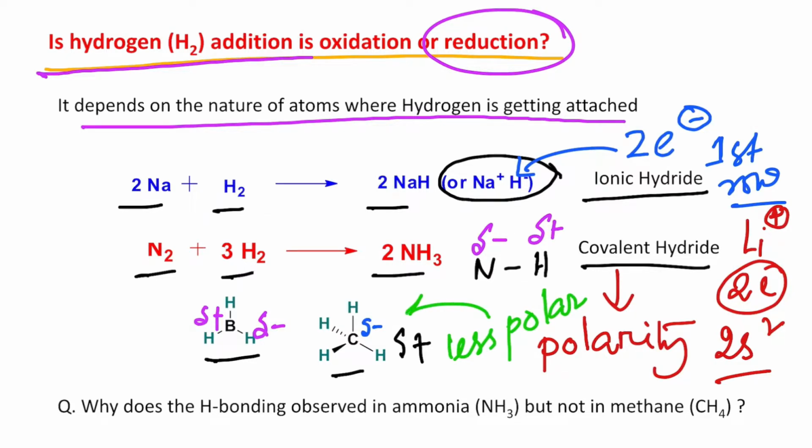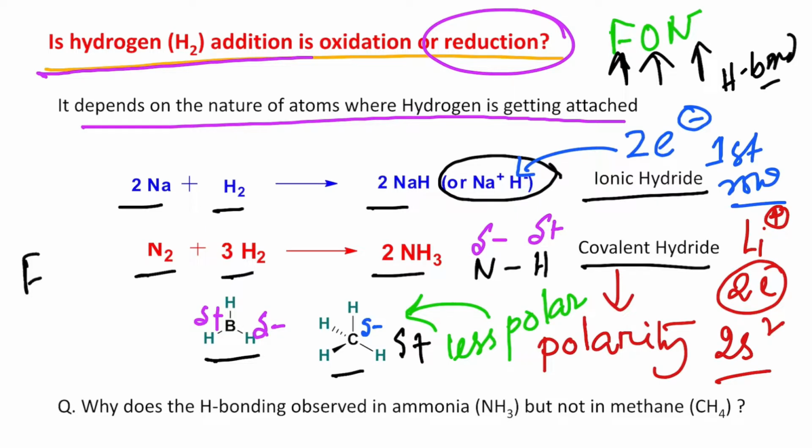Please remember this, and that is the reason it is said that hydrogen attached to fluorine, oxygen and nitrogen can form hydrogen bonding, so an F, O or N attached to hydrogen is eligible for hydrogen bonding.